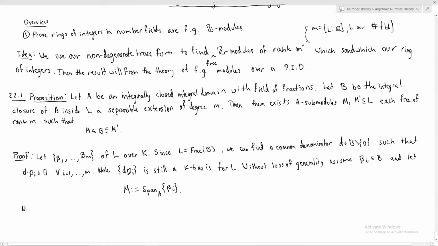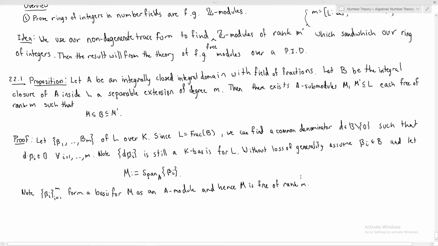A small note: since these things are linearly independent over K, they're certainly linearly independent over A. So note the beta i, for i equals 1 to m, form a basis for M as an A-module, and hence M is free of rank m.